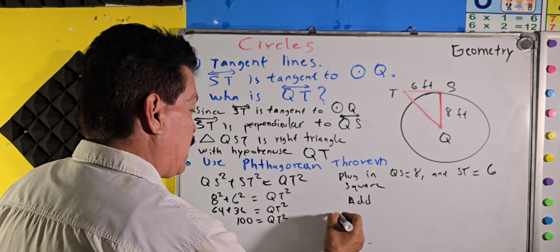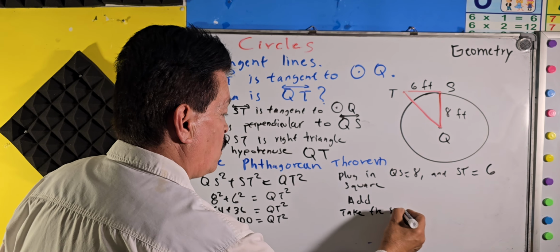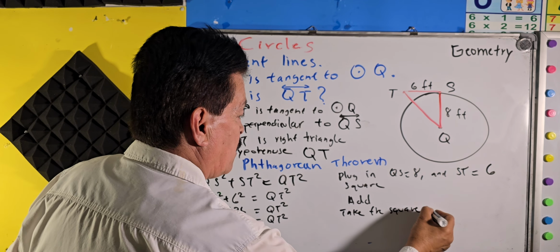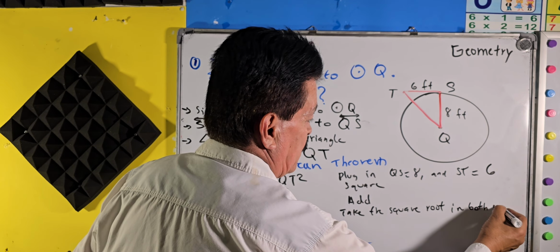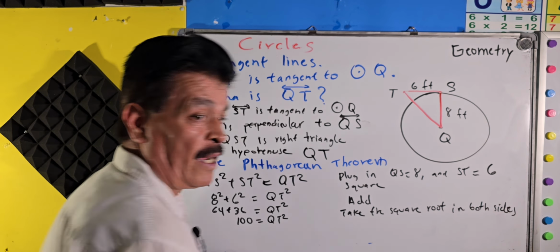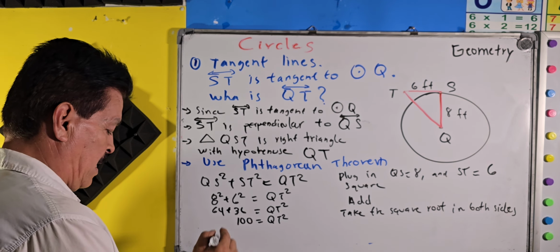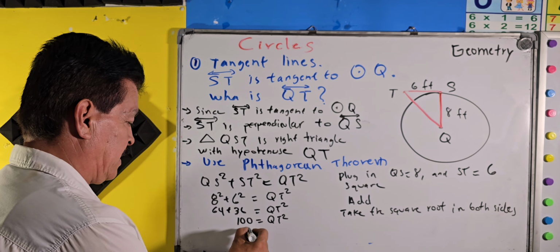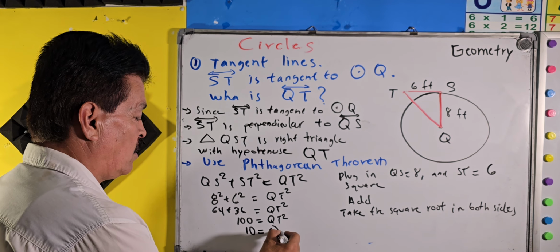So here we have to take the square root on both sides. You do that, and you will have 10 equals QT.